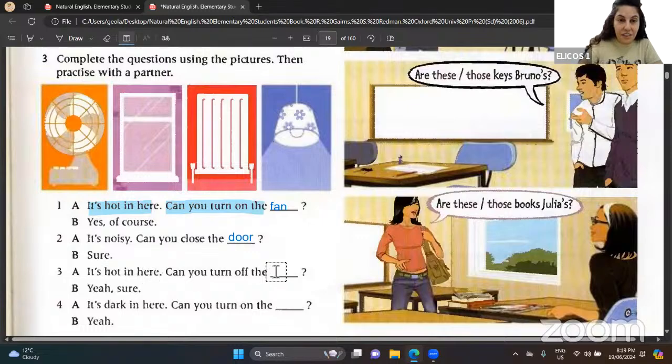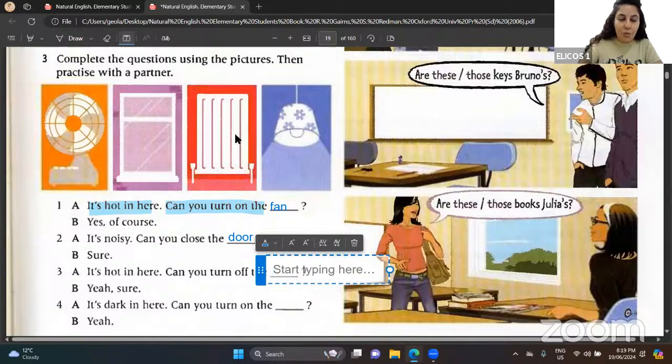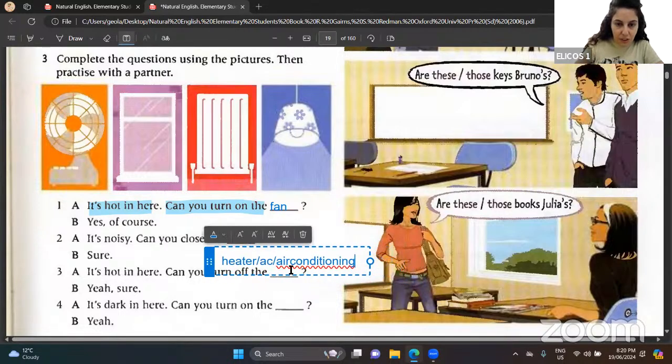Can you turn off the, we can call this a heater. It's common, yeah, a heater. Some people say the air conditioning, slash the AC or air conditioning. So you've got a few words that you could use here.